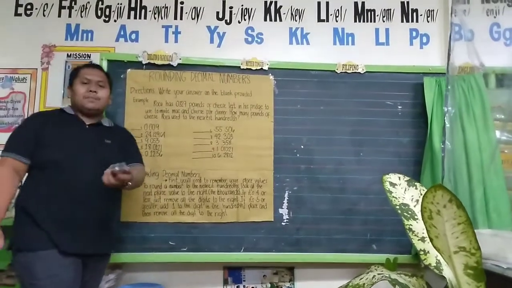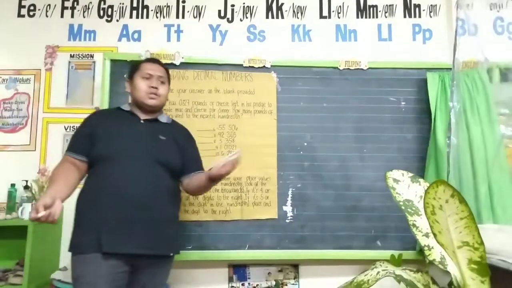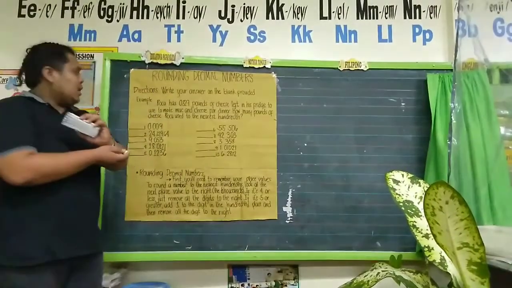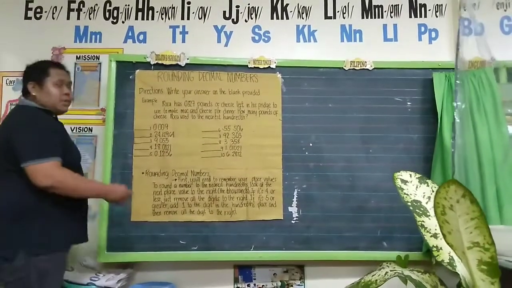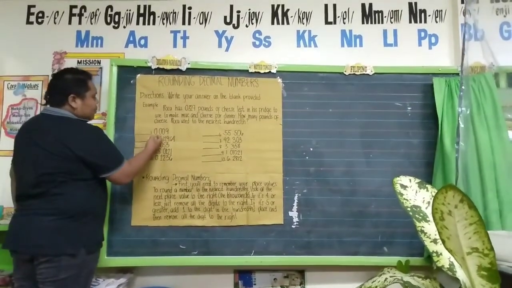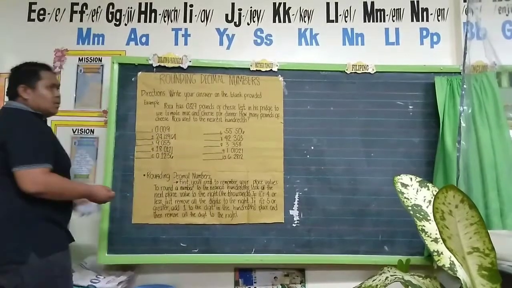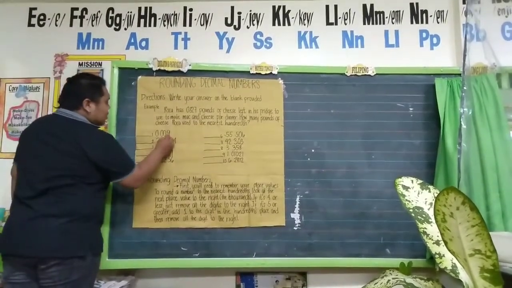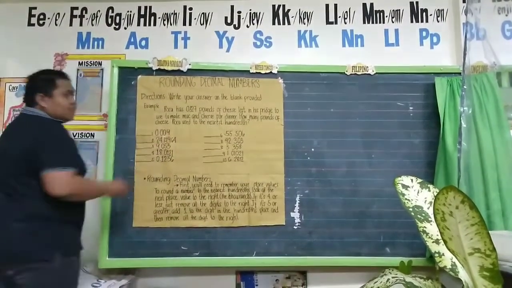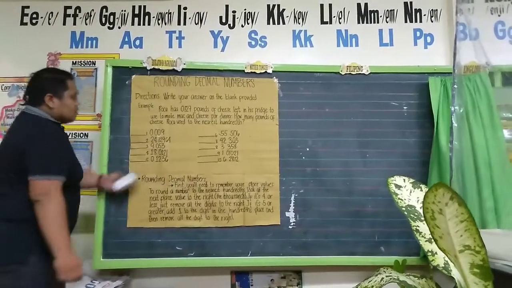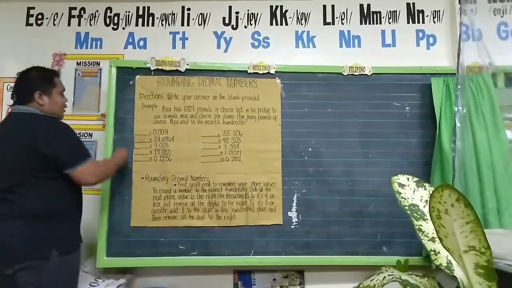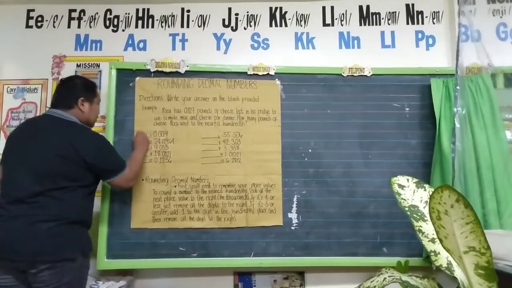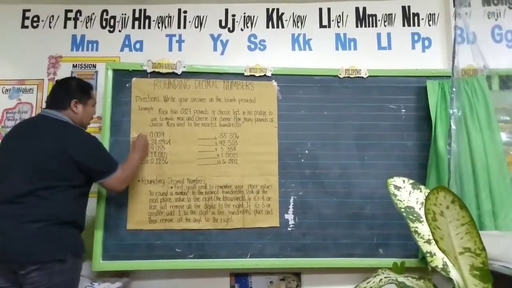Okay, time is up. Exchange your papers with your seatmates, and let us start checking this activity. Number 1 is 0.009. The hundredths digit is 0. Since 9 is greater than 5, we round this up to 0.01.